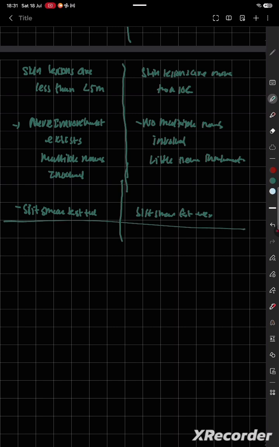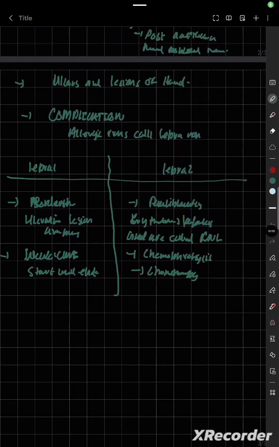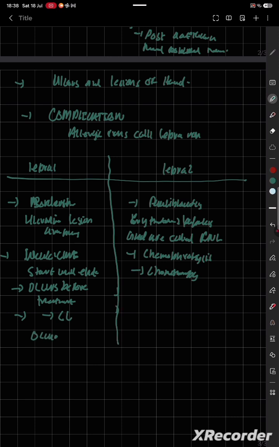We can check from the reference book if you want. If it occurs before treatment, then it is progressing towards lepromatous leprosy. If it occurs after treatment, then it is tuberculoid leprosy.